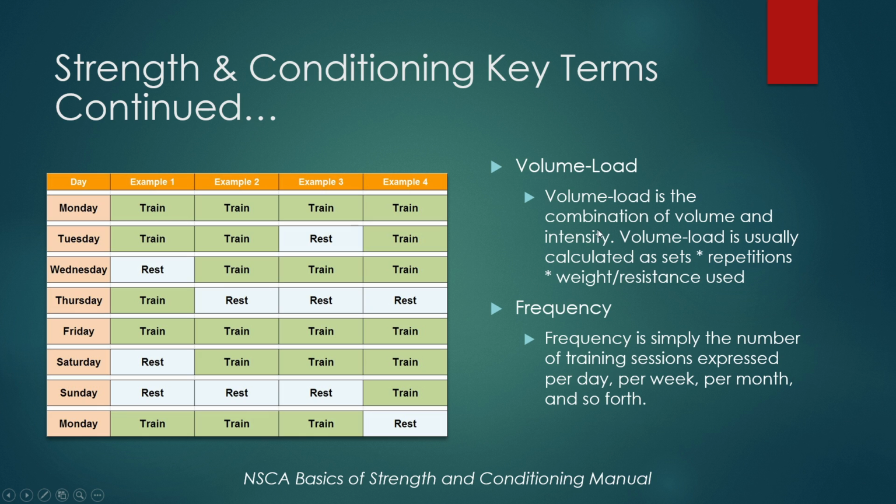So it might be like, if you do 3 sets of 10 with 10 pounds, it might be like 3 times 10 times 10, and that's your volume load, combining those two. And then frequency is simply just the number of training sessions expressed per day, per week, per month, and so forth. And here's an example of a frequency table of somebody's training program, again coming straight out of the NSCA Basics of Strength and Conditioning Manual.